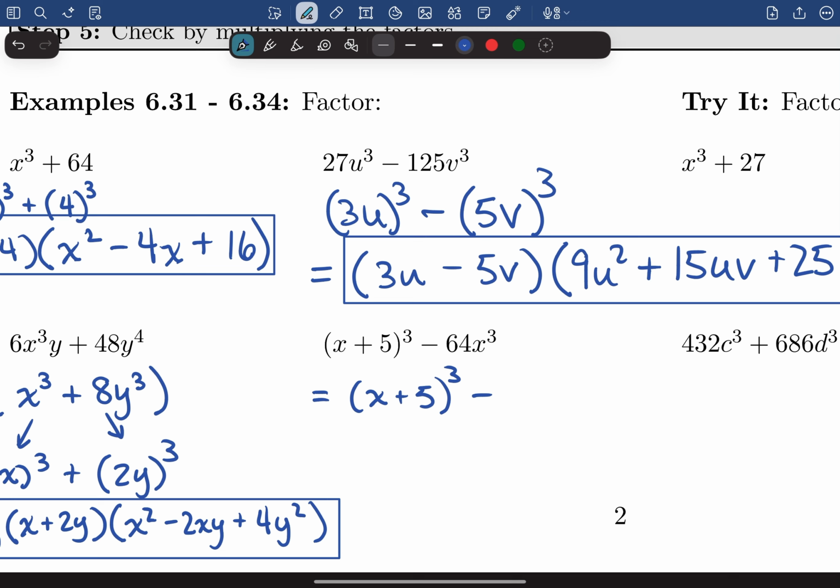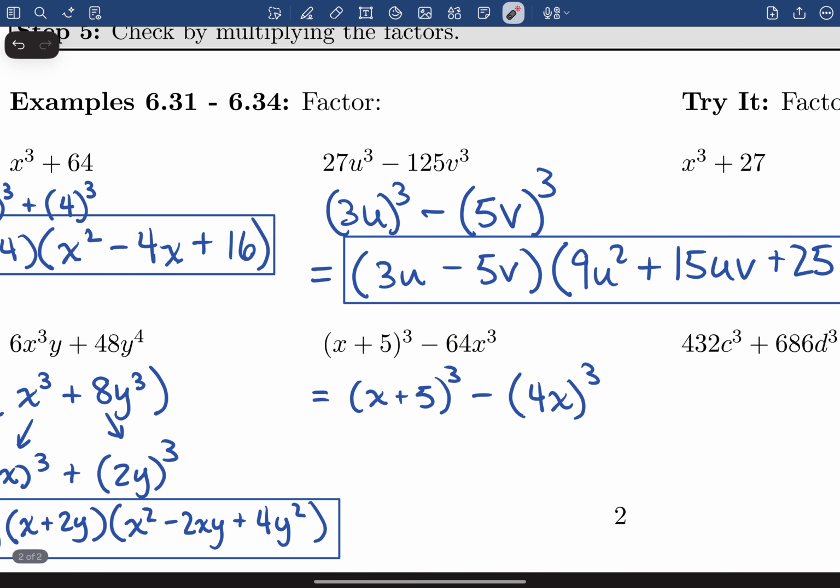But I can turn the 64x cubed into 4x cubed because I recognize 64 is a perfect cube of 4. Okay, so 4 when I cube it becomes 64, and x cubed is x cubed. So now I have the difference of two things that are cubed.